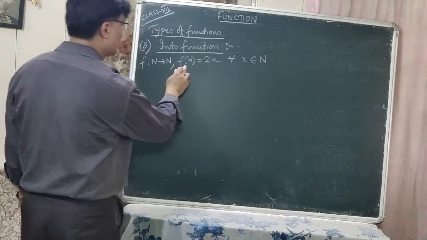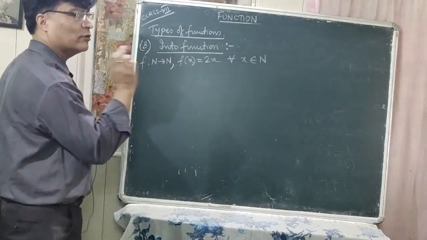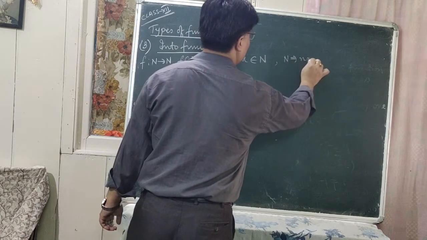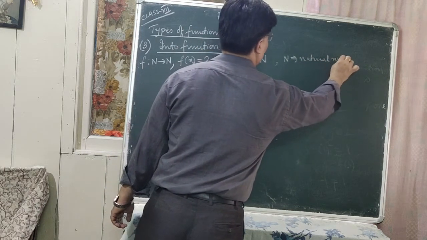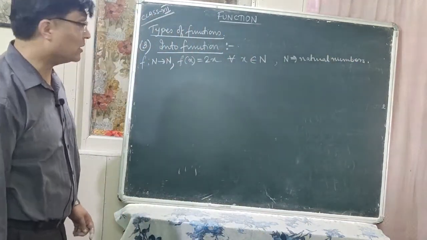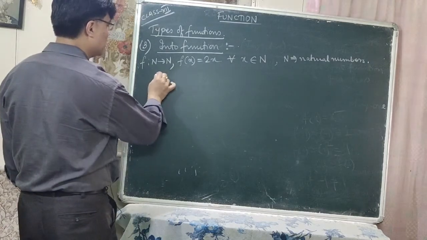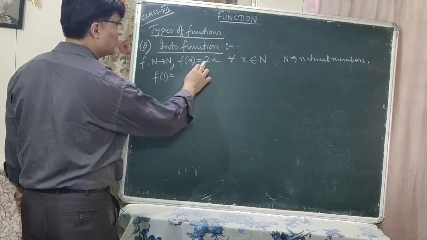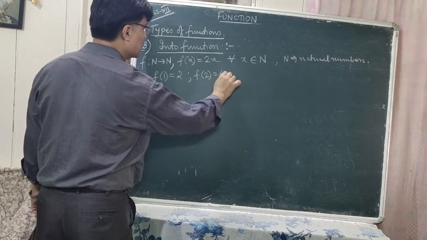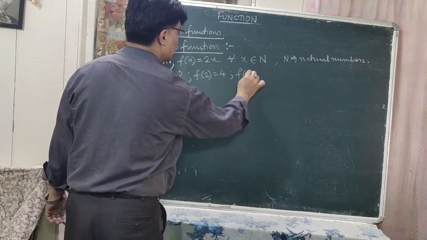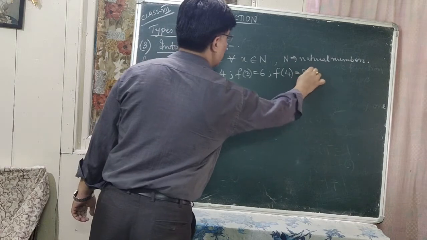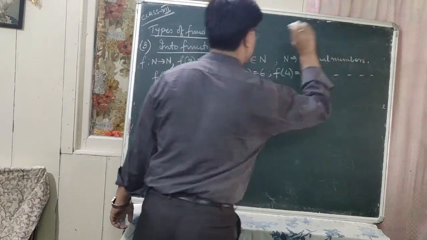So if you put x is equal to 1, 2 ones are 2. f of 2 is equal to 4. f of 3 is equal to 3 twos are 6. f of 4 is equal to 4 twos are 8, and so on.